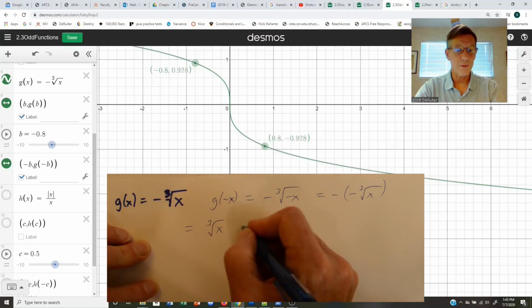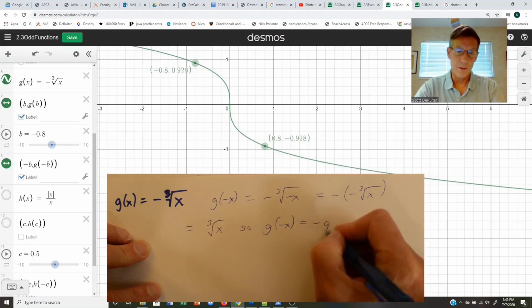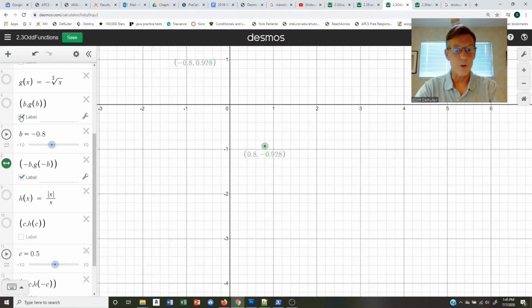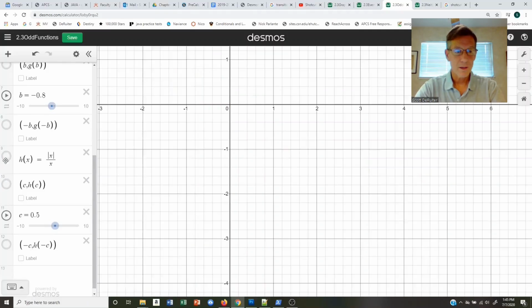We get a double negative. Notice that that's the opposite of what the original function is, and that's the definition for an odd function. And we've shown it algebraically. Here's another one. Wherever we go, the x values are opposites, then the y values are also opposites, and so this is another odd function.